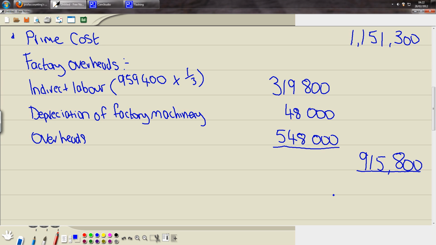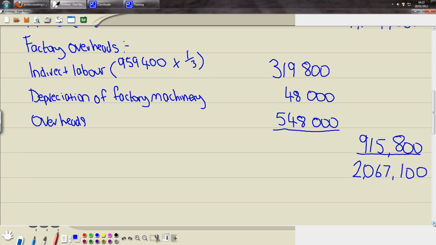I might need a calculator for that. 2 million, so that's going to be 0, 6, 7. And use the commas as well. 67, and it's going to be 100. Okay, so use that obviously for your calculations.